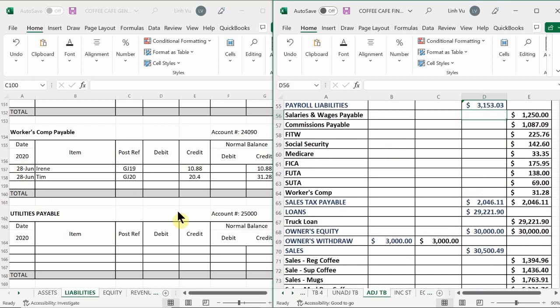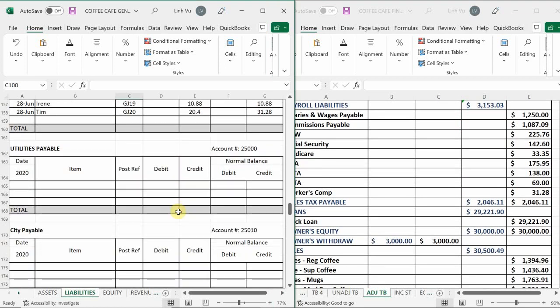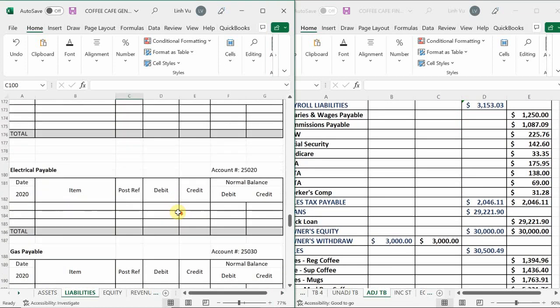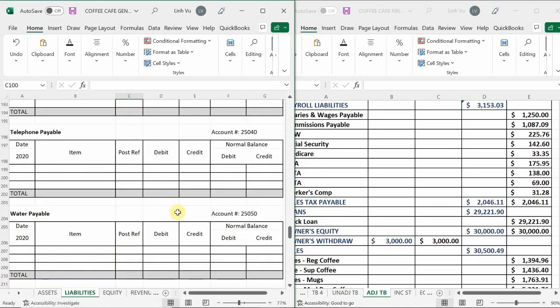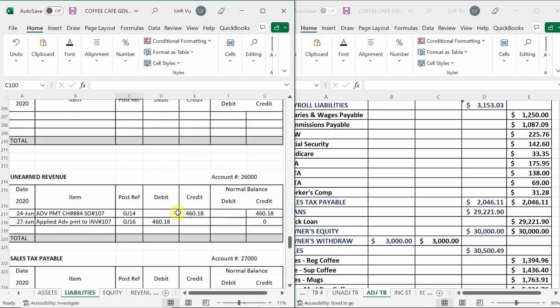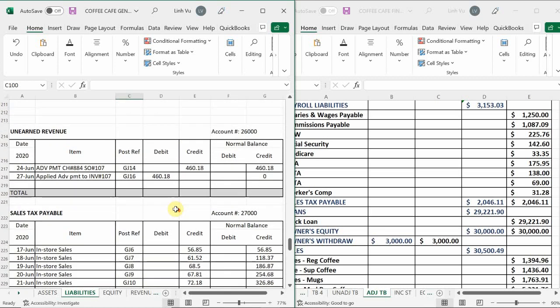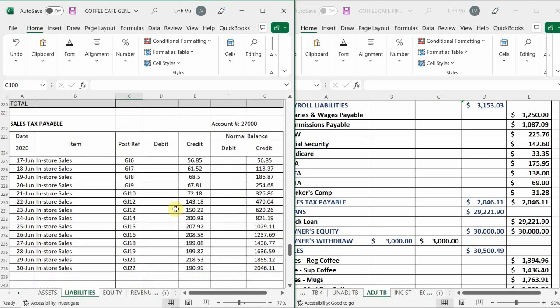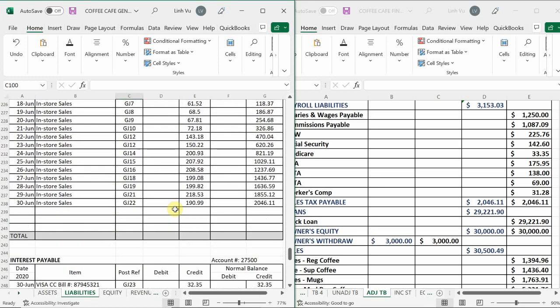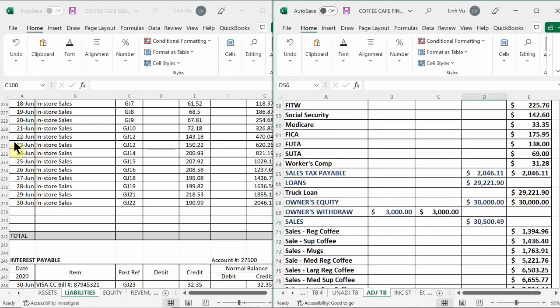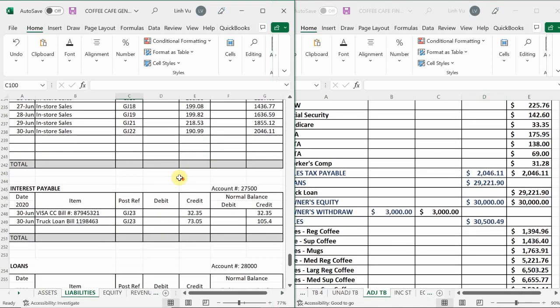Okay. Next one is utilities payable. We haven't incurred our utilities bill yet. Next is unearned revenue, which has no account balance. Then my sales tax payable, is that still the same? Let's see. Sales tax payable, is it still at $2,046.11? Yes, it is. Okay. And then let's see.